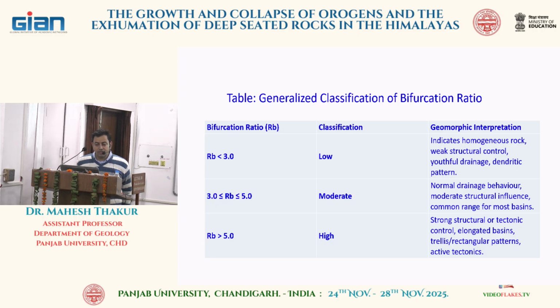So, generalized classification of bifurcation ratio. If the bifurcation ratio is less than 3, it is classified as low. Between 3 to 5, moderate, and more than 5, it is high. So, low indicates homogeneous rock, weak structural control, youthful drainage, and a dendritic pattern.